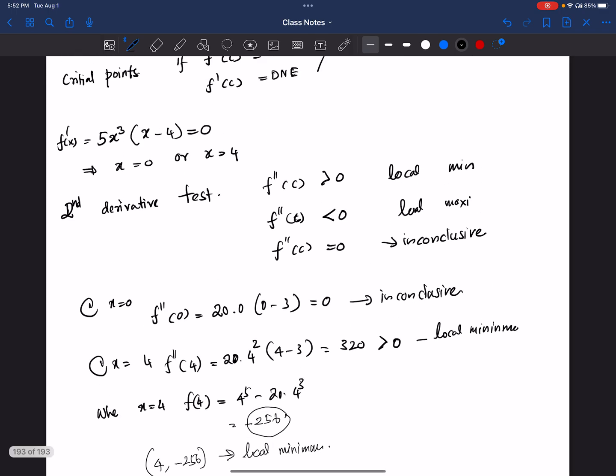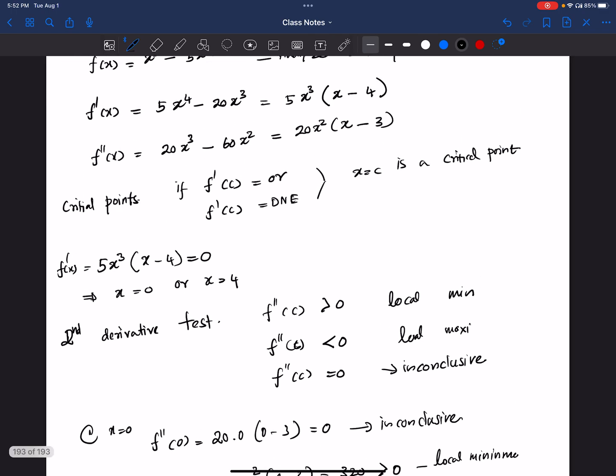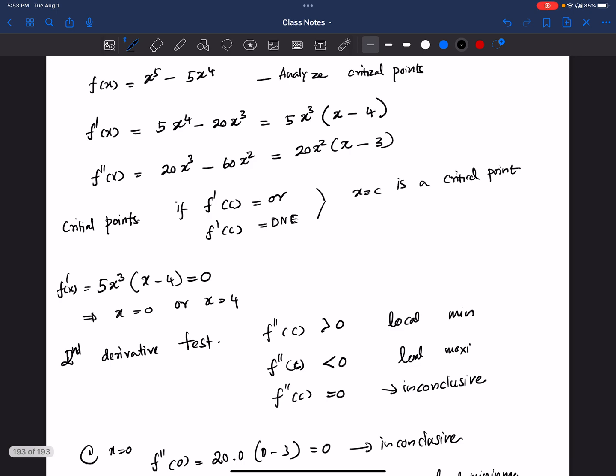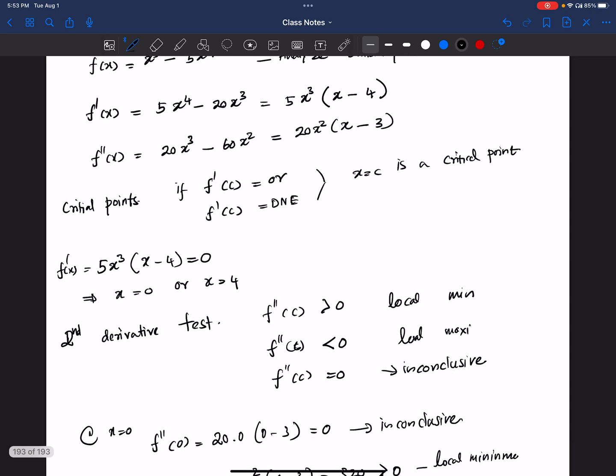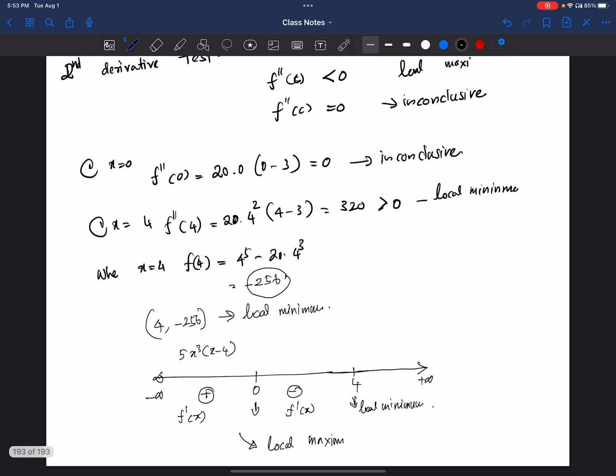If f double prime of x is 0, that means at x equals 0 and x equals 3, that's a possible inflection point. So 3 is here. There could be a point of inflection, but we have to find the sign of f double prime of x around x equals 3.